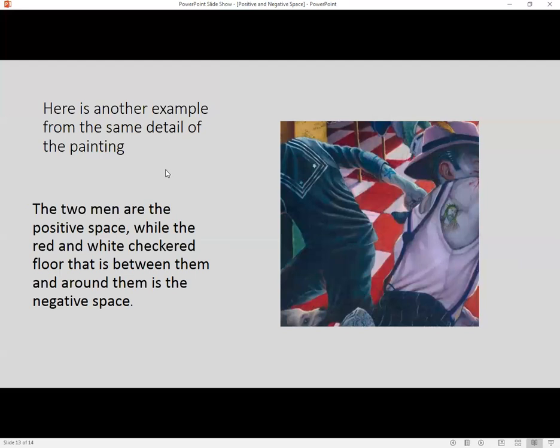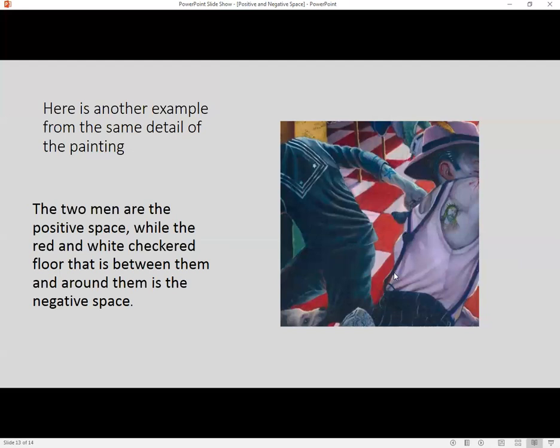And you'll also notice that I gave really clear details. So the man in the green sailor suit who has his right arm drawn back because he's getting ready to punch somebody, and the guy in the sleeveless t-shirt with, oh look, he's got a Jesus tattoo there, and his suspenders and pants and a brown and black hat, he's the positive space.